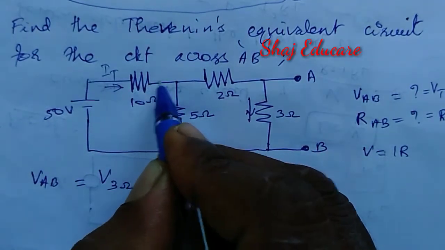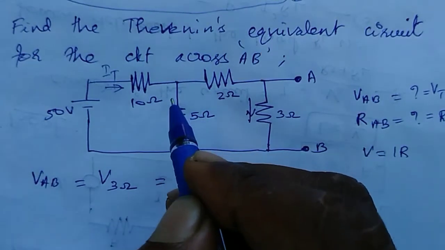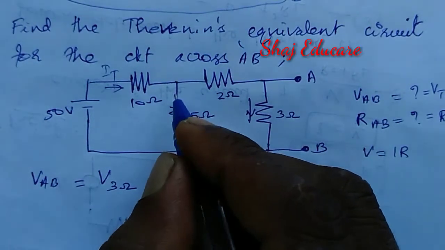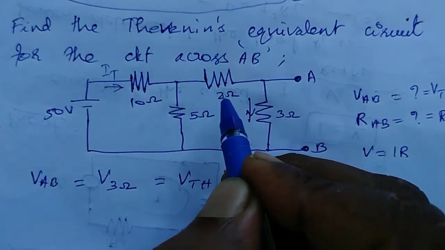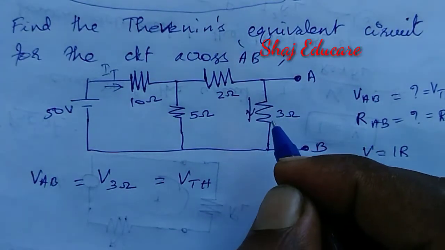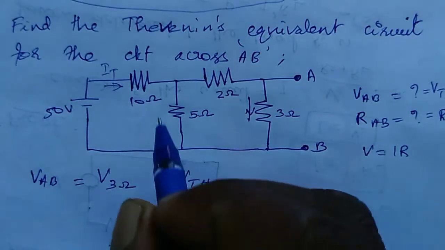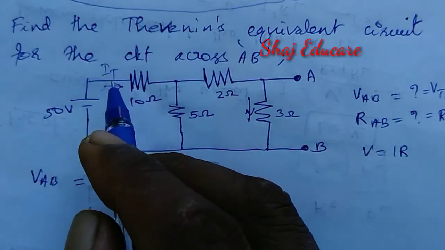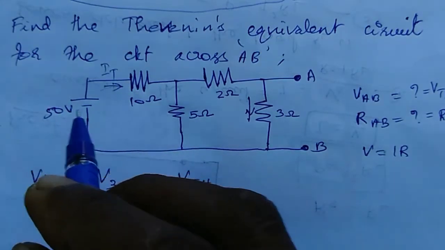That current IT, upon reaching here, will split into two, and a portion will flow through the 5 ohm resistance and another portion through the 2 ohm resistance. Then that will develop a voltage across the 3 ohm resistance. That is what we are going to find. So first, let us find the total current supplied by the 50 volt source.